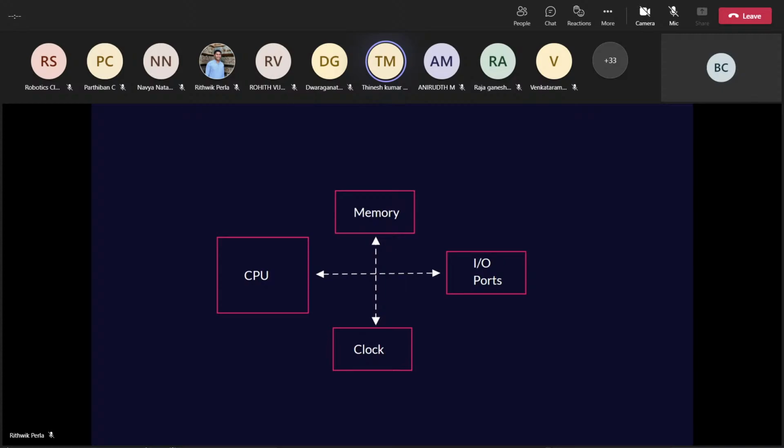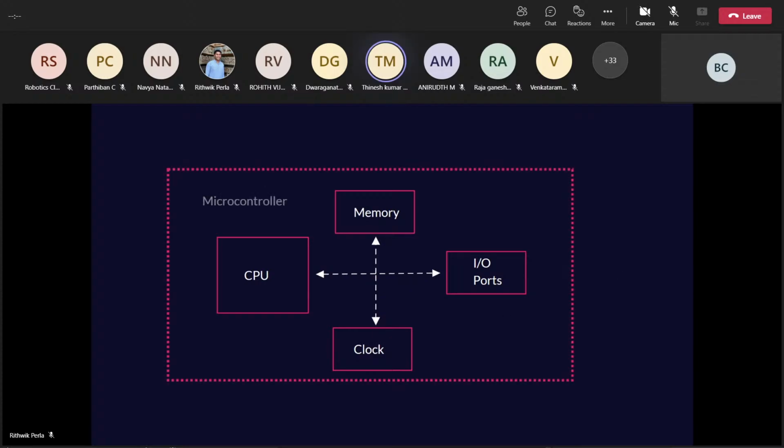They aren't inbuilt. You have to connect them, and then only they can work. But in a microcontroller, everything is put into one single chip, so you don't need to connect them externally. That is what a microcontroller is. I hope you understood. What is in the upcoming slides, you'll get to know better.